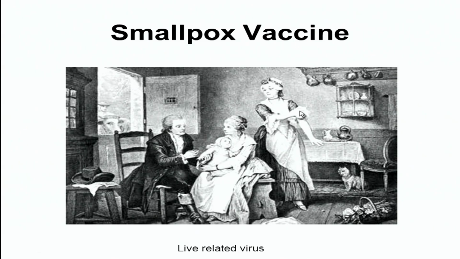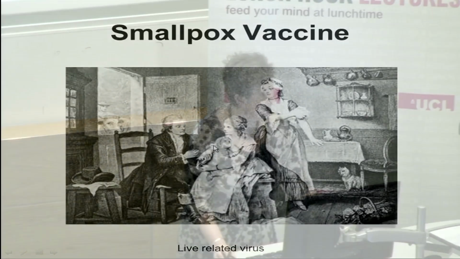He's taken some of the disgusting secretion from that pustule, and he's injecting it into this child. And this is a related virus, the virus that comes from the cow, to the virus that causes smallpox. And Edward Jenner, a fantastically intuitive clinician, worked out that this procedure would actually protect these children against smallpox.